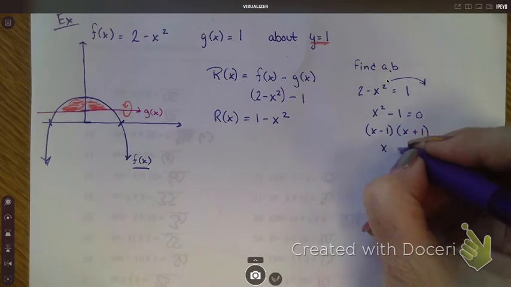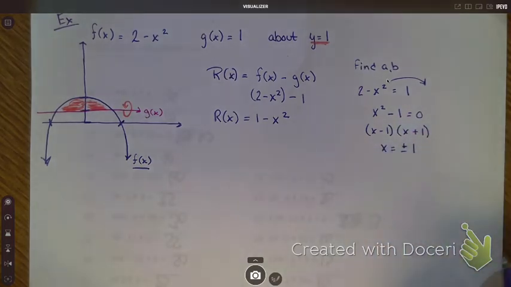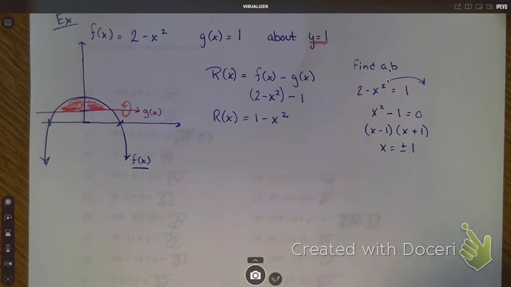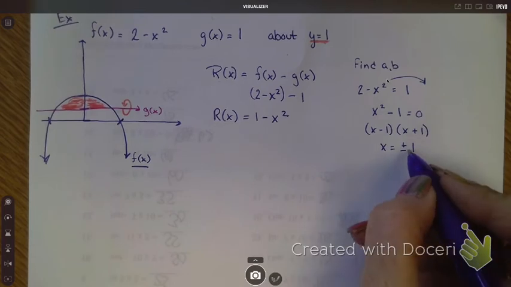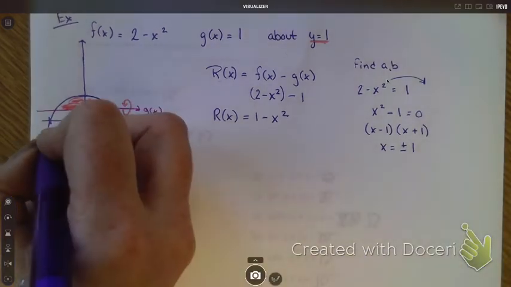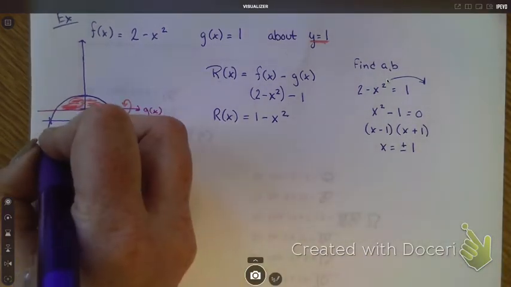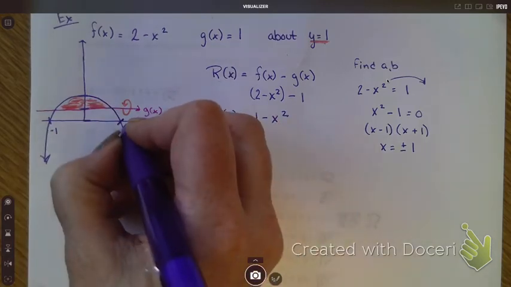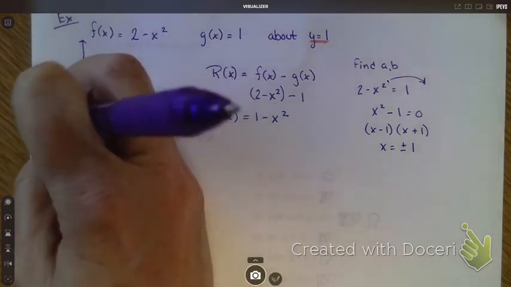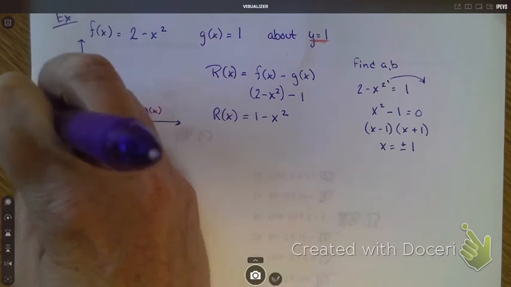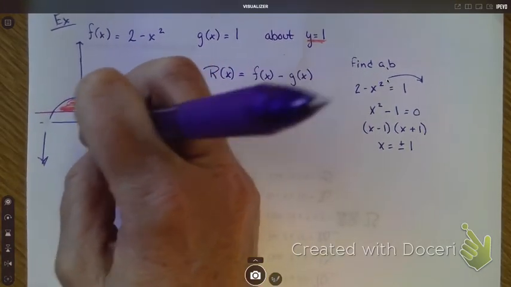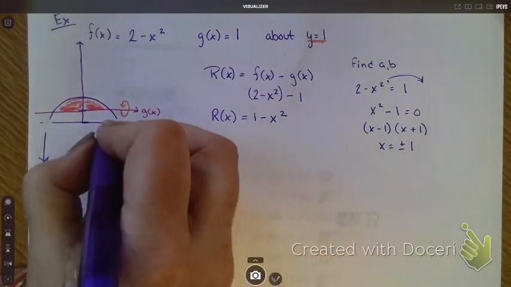So x equals positive or negative 1. So my a and b are, this is negative 1 over here. And this is, actually I shouldn't have put it right there. Let me erase that because that's deceiving. My brain is seeing it right, your brain is not.